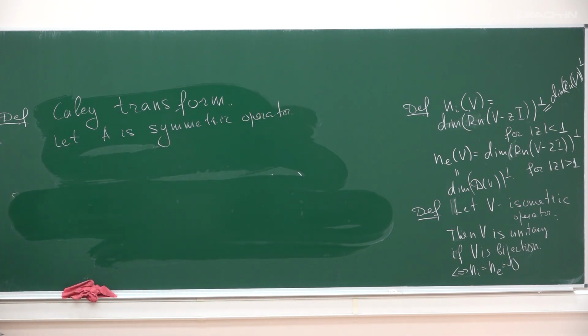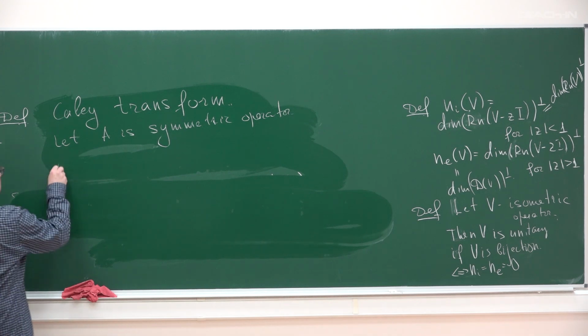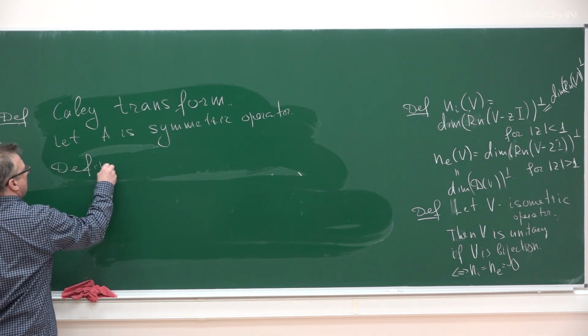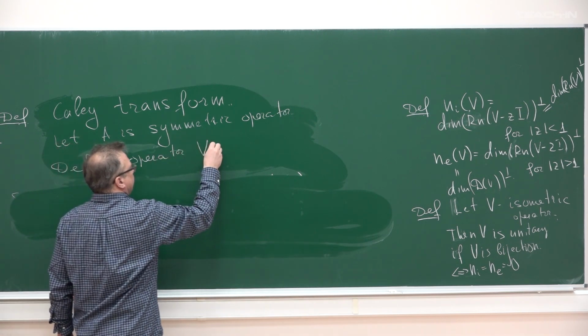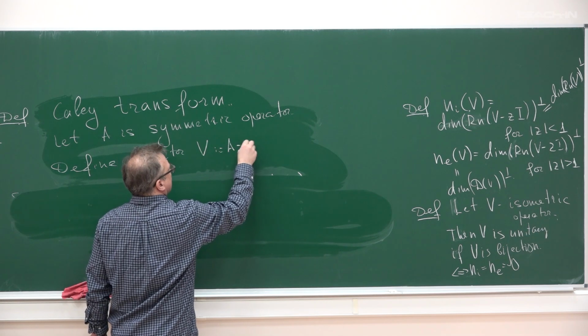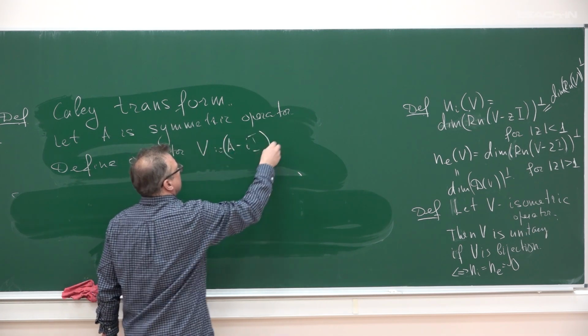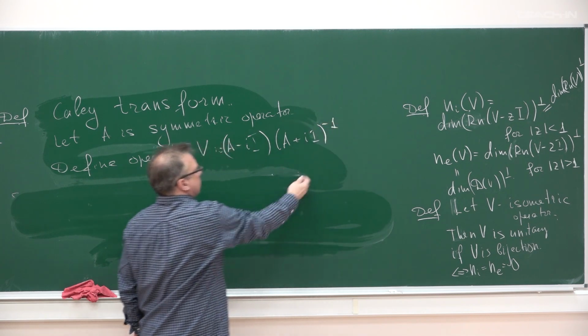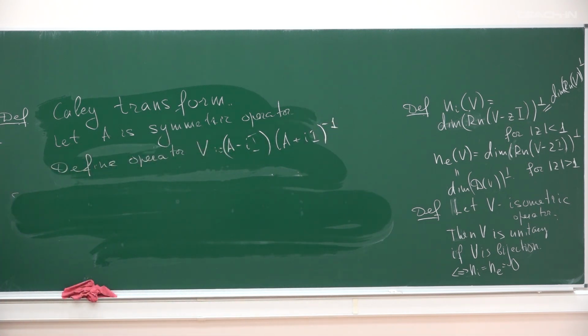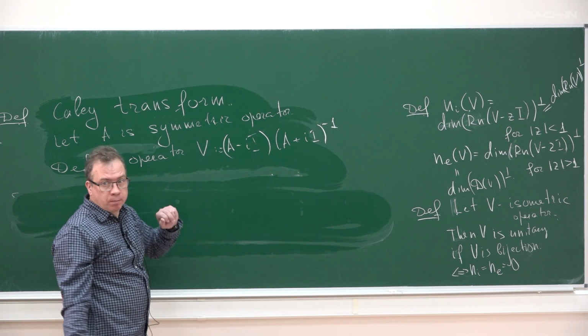Let A be a symmetric operator, define operator V. This operator is named the Cayley transform.